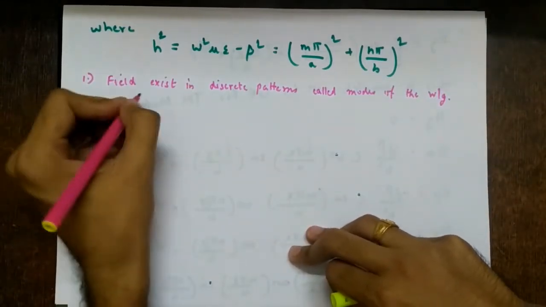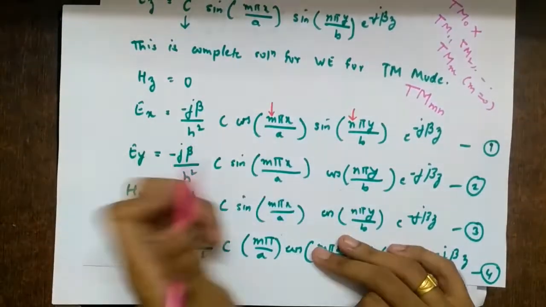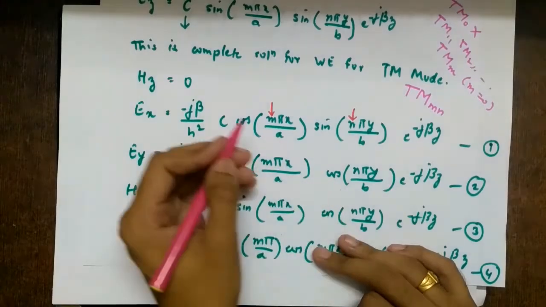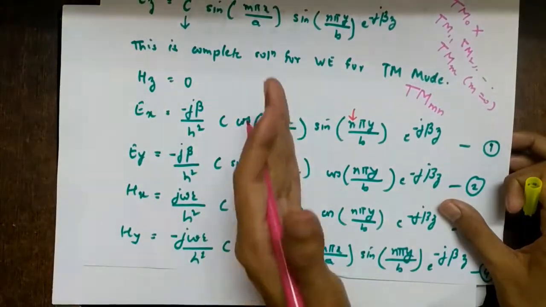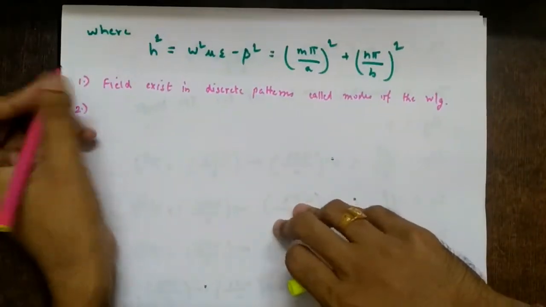Second, what do we say? If you observe, all the components have sinusoidal variation. Now you might say, sir, there is cosinusoidal variation, but we can say it is nothing but a sine shifted by 90 degrees, right? So even if it is sine or cos, we say it is sinusoidal only.